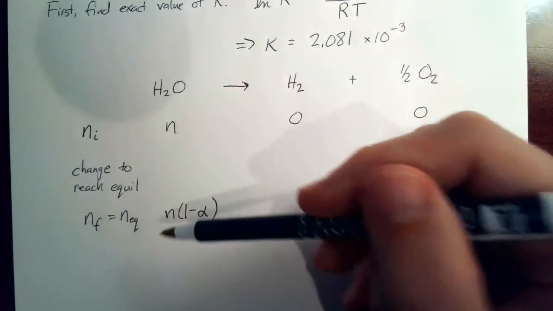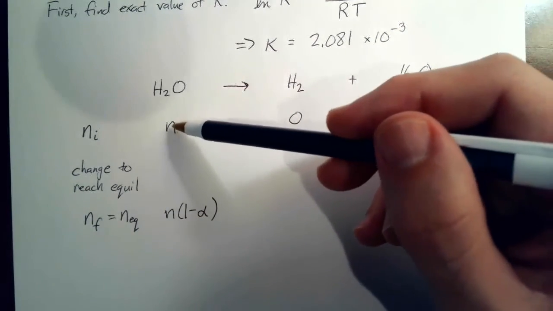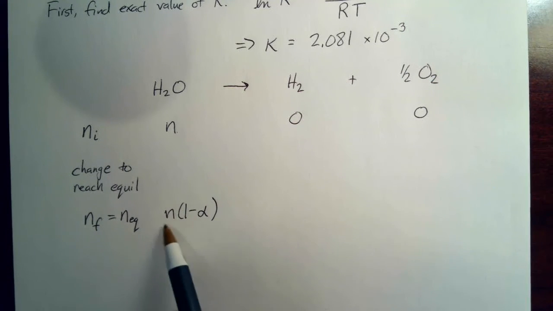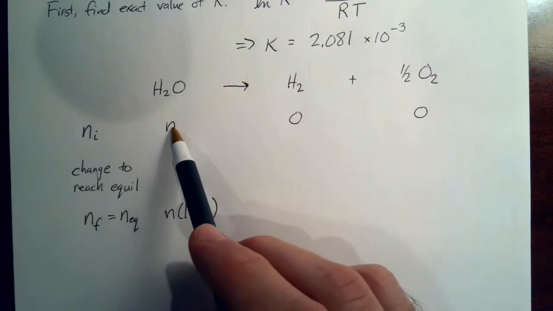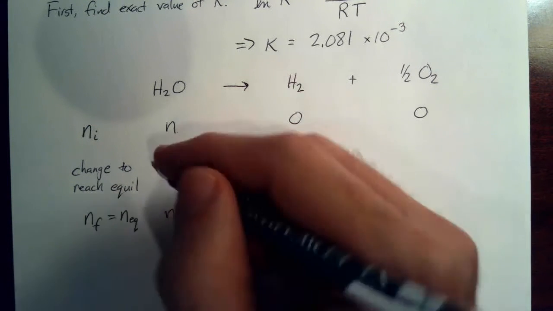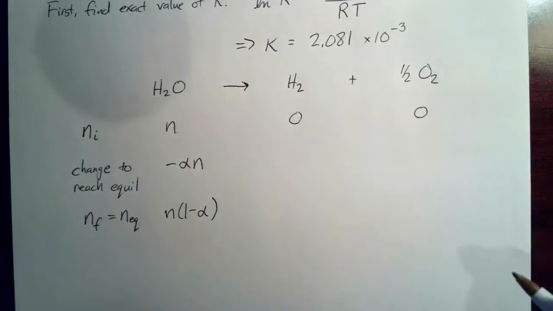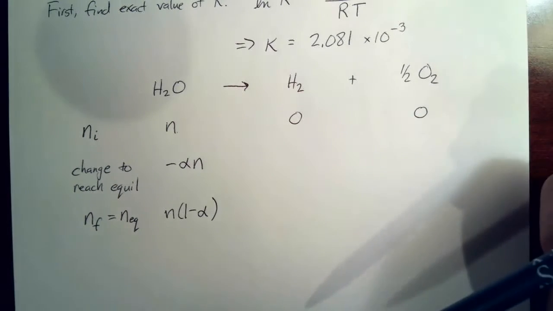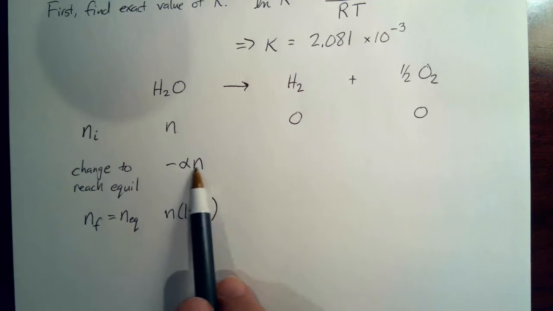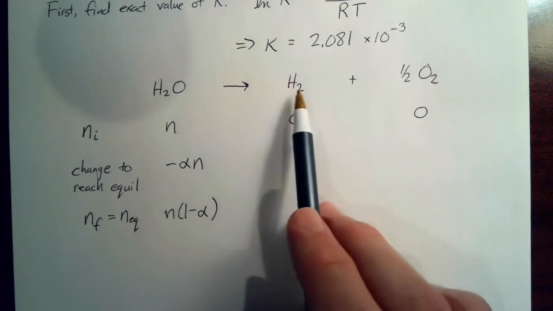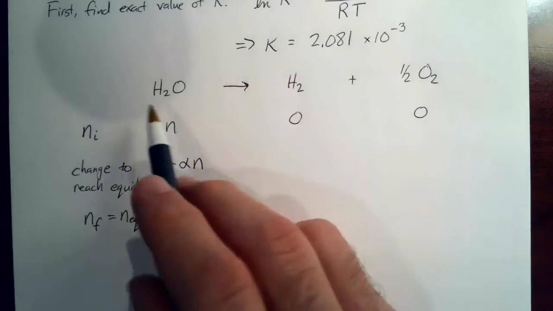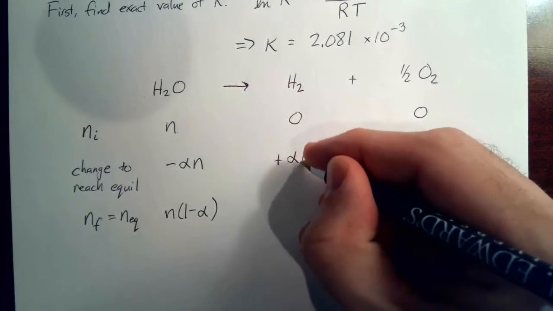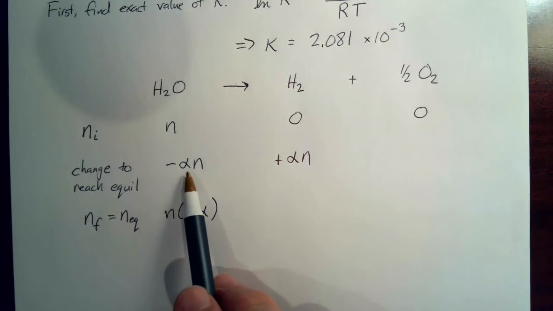Now, by comparing these, we can see how much this needed to change in order to equal this. Well, before I factored this, it was n minus alpha n. And we started with n and we ended with n minus alpha n, then the change must have been minus alpha n. To put that another way, this plus this should equal this. Now, if H2O decreases by an amount alpha n, how much does H2 change? Well, the stoichiometric coefficients are the same, and so H2 is going to increase by the same amount that H2O decreased.